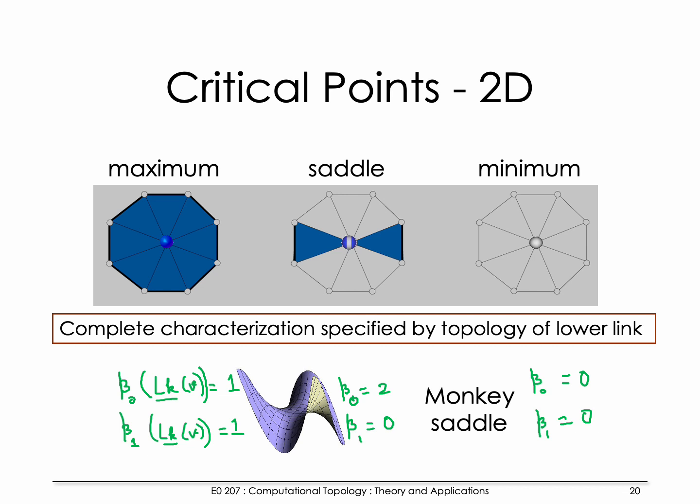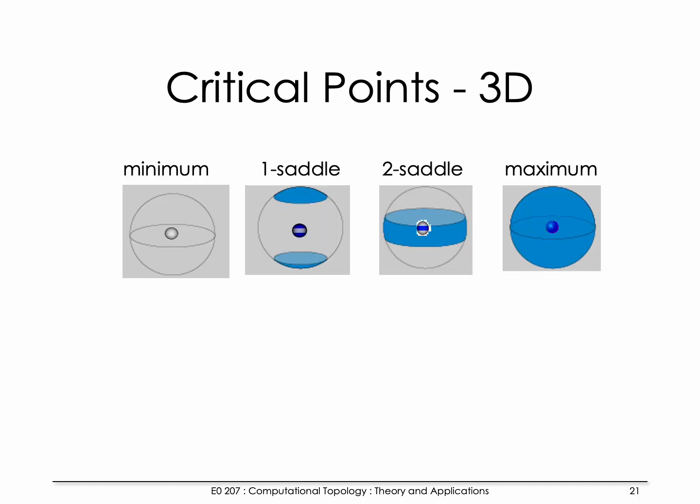Let's see how this description and this characterization extends to 3D. So in 3D, again for a minimum, the lower link is empty, right? For a maximum on the right, the lower link is exactly equal to the link.